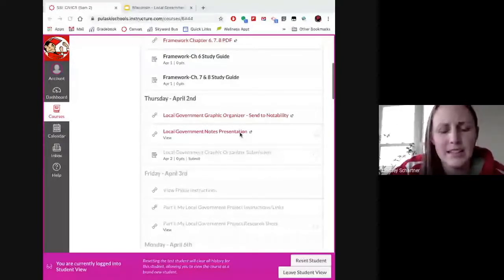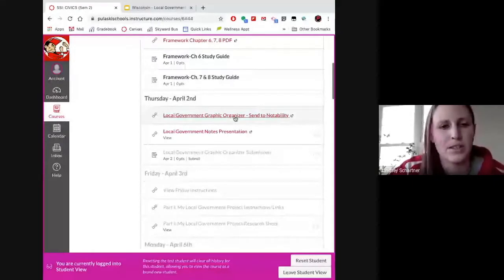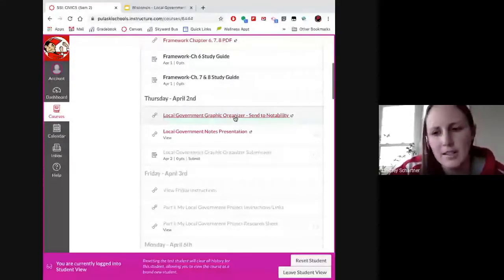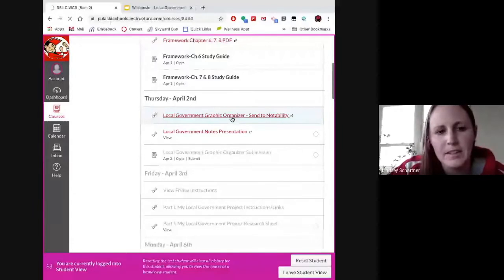You're going to open up this organizer. If you haven't done that, and you're watching the presentation with us now, go ahead and pause us, go back to the module, open up this organizer and send it to Notability.